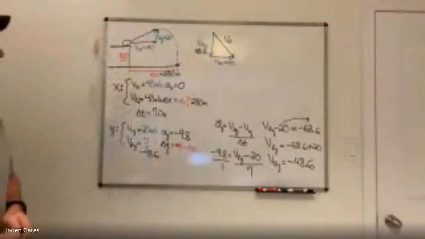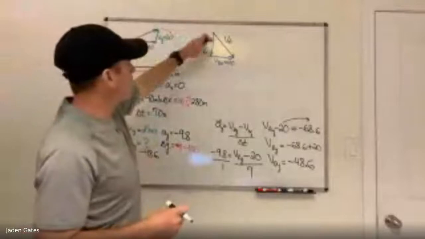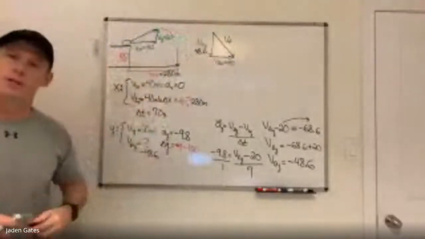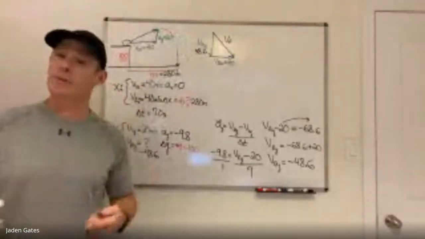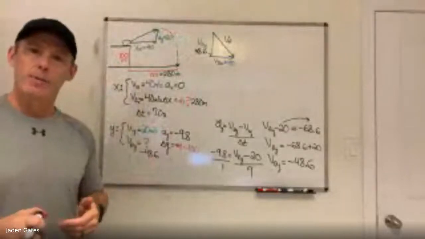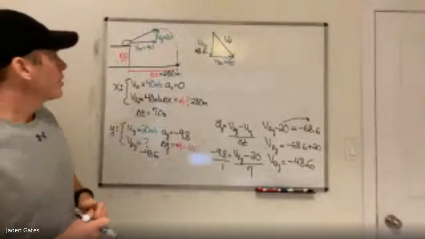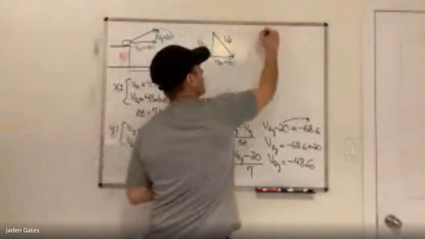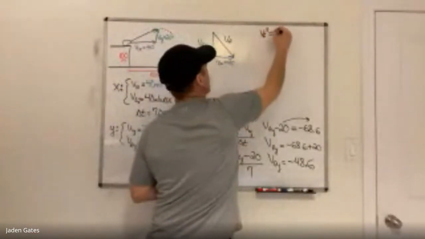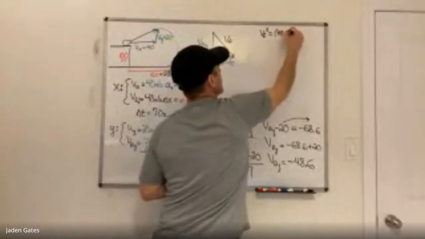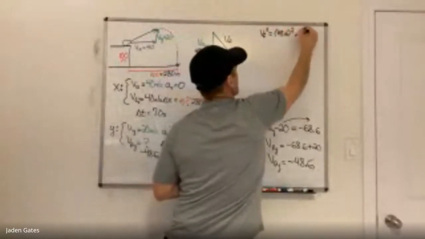Now that I have the vertical and horizontal components of my final velocity, I'm going to put them together again using the Pythagorean theorem and trigonometry to figure out what the VF is. So VF squared is equal to 48.6 squared plus 40 squared.